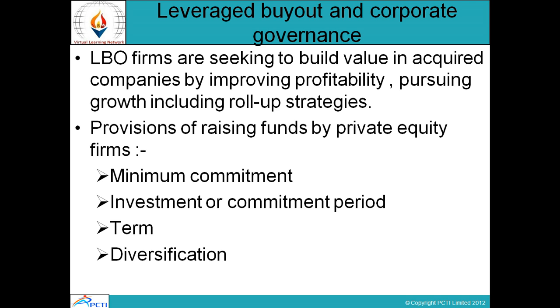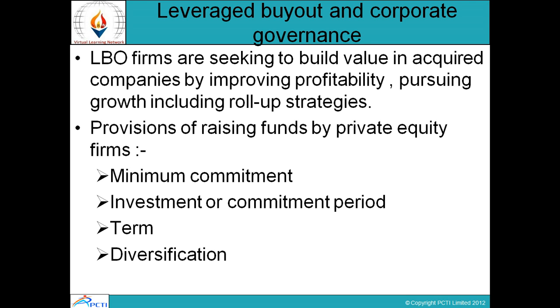Another is the term. The term of the partnership which is formed during the fundraising process is usually 10 to 11 years. The first half of which, 5 to 6 years, or until the fund amount that is raised is invested, represents the commitment period.